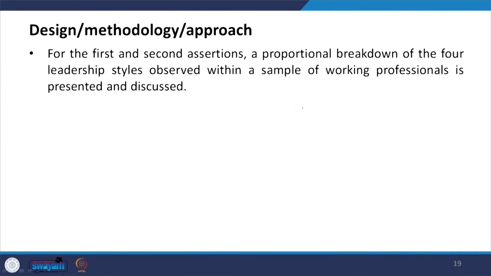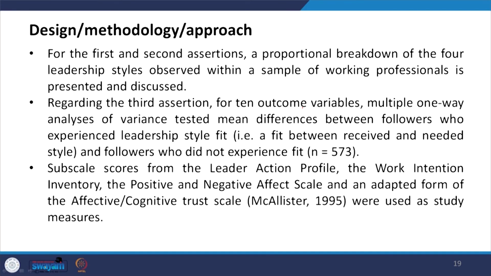For the first and second assertions, a proportional breakdown of the four leadership styles observed within a sample of working professionals is presented and discussed. Regarding the third assertion, for 10 outcome variables, multiple one-way analyses of variance tested mean differences between followers who experience leadership style fit, that is a fit between received and needed style, and followers who did not experience fit, right. And the sample size, n, was 573.